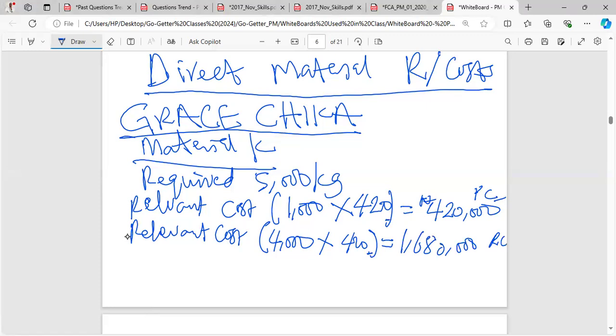It could be as though we bought the whole 5,000 units or 5,000 kg. We bought the whole 5,000, but 1,000 was for additional purchase, 4,000 was for replacement. So it's as good as we didn't touch the one in the company, we went to buy our own. But meanwhile, as we are going to buy our own, we were using the one that is available. So as we are using it, we have gone to the market to go and buy to replace. Now we've answered that part.